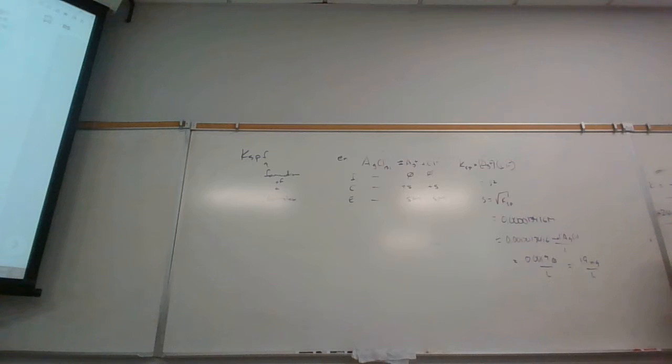If I wanted to dissolve 2 grams, not 2 milligrams, how many liters? Well, 2 grams would be 1,000 times more than this, which means I would need 1,000 liters of water to dissolve 2 grams of silver chloride.